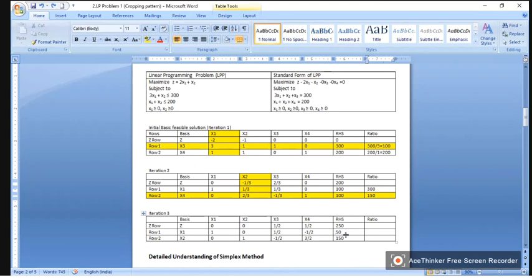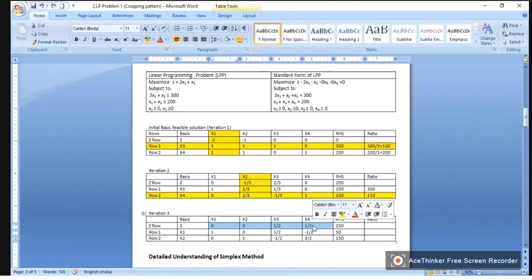So if you do Gauss-Jordan transformations, you will find that x1 is equal to 50, x2 is equal to 150, and z is equal to 250, and we can say that the optimal solution is obtained because there are no variables here with negative coefficient.